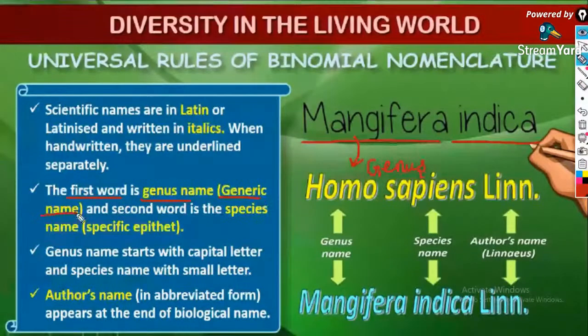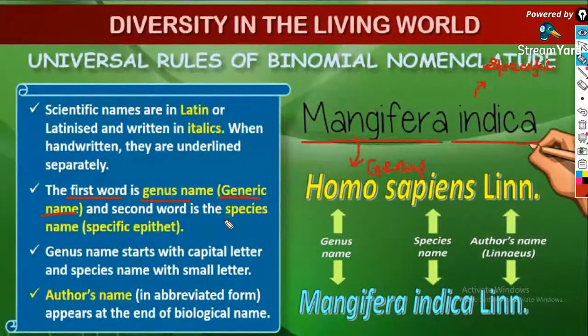And the second denotes the specific epithet. You have to use this word itself, because in the 2010 NEET there was a question like this: in Mangifera indica, what does the term indica denote? The options contained species name, specific epithet, species epithet, all these things.